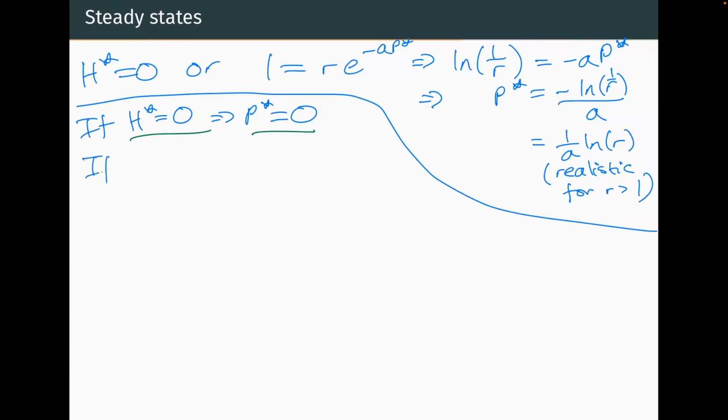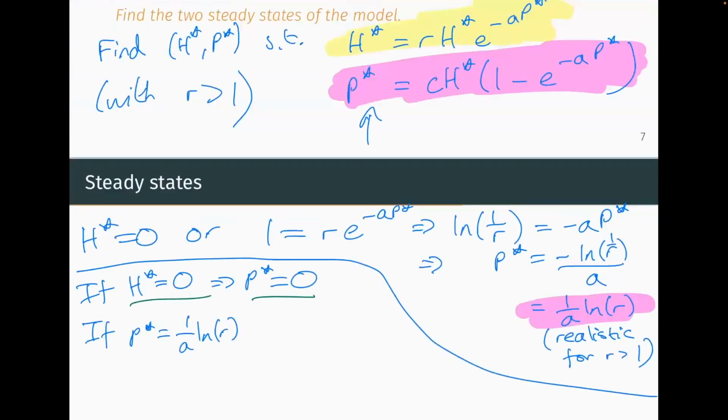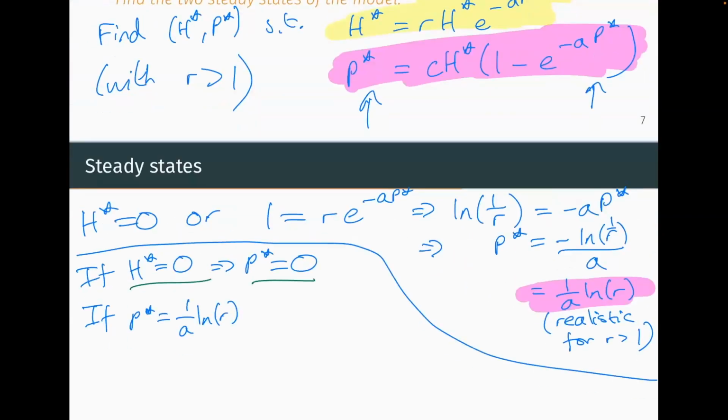So if we have this one on the right-hand side here, p star is equal to, in fact, this one here, 1 over a times log of r. And again, we need to substitute this into the second equation. So it's going to have to appear here and here.